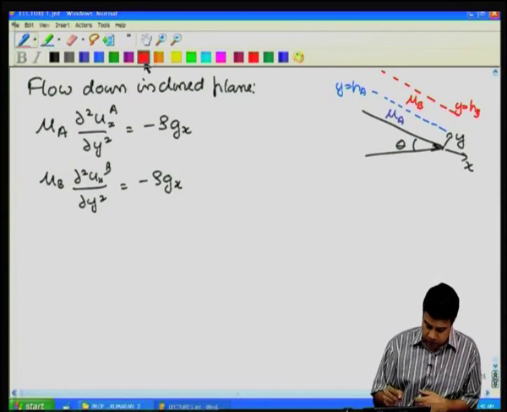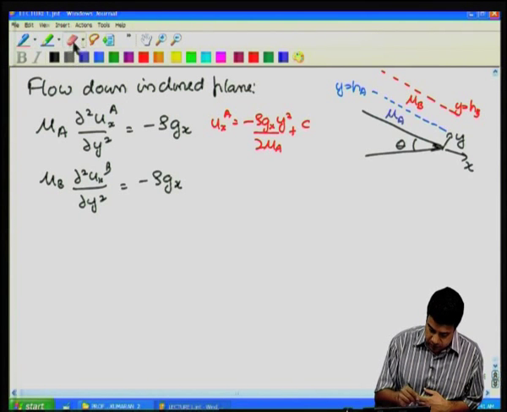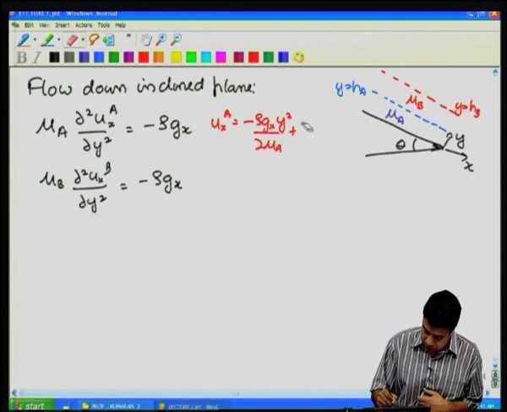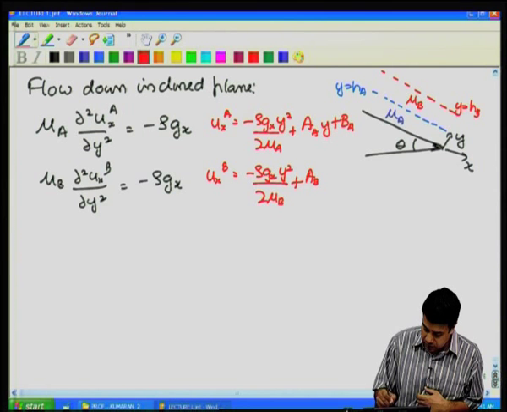The solutions are u x A is equal to minus rho g x y square by 2 mu A plus one constant A times y plus B A, and u x B is equal to minus rho g x y square by 2 mu B plus constant y plus another constant.